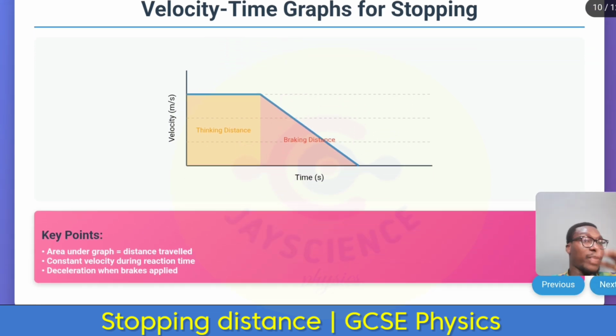And yes, we have graphs for quantifying stopping distances. Now, from your knowledge of velocity-time graphs, you know the area under the graph is your total distance. In the graph that will be given to you in your exams, the thinking distance is usually a rectangle or sometimes a square, which is what you have on the screen, because at that time you reacted that you needed to apply your brakes.